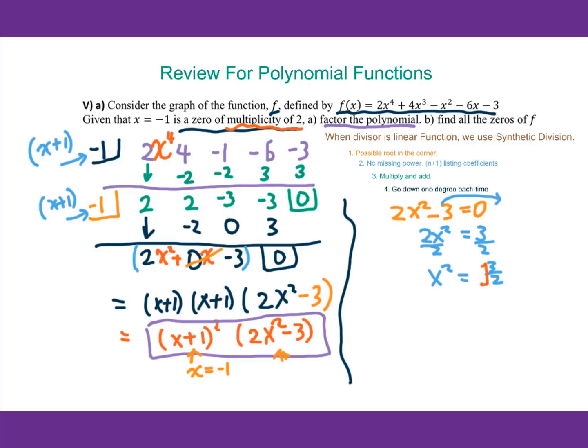Then you need to take the square root of both sides. Therefore, we got plus or minus square root of 3 over square root of 2. Then you need to simplify. Because for this square root of 2, you can write square root of 2 over 2. Therefore, it equals plus or minus, denominator is 2, square root of 3 times the square root of 2.